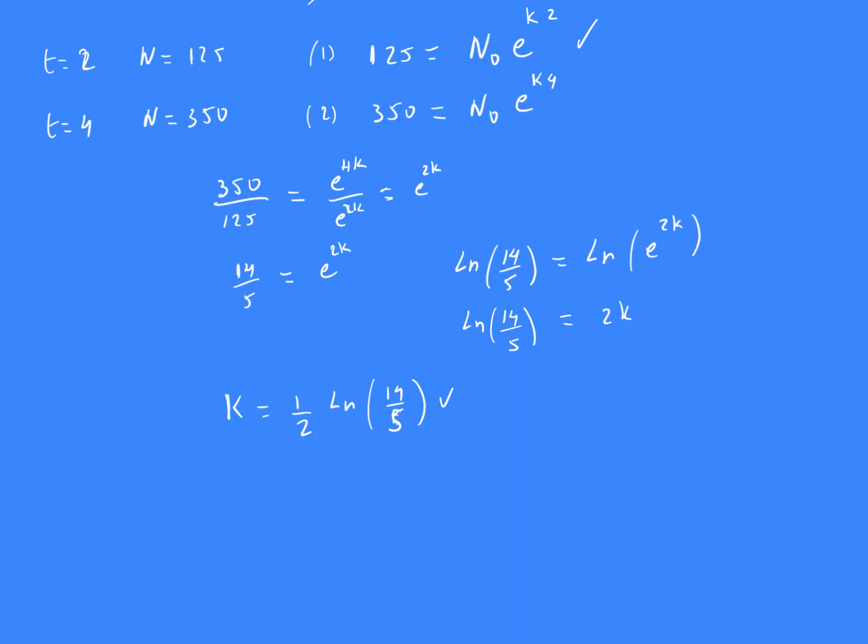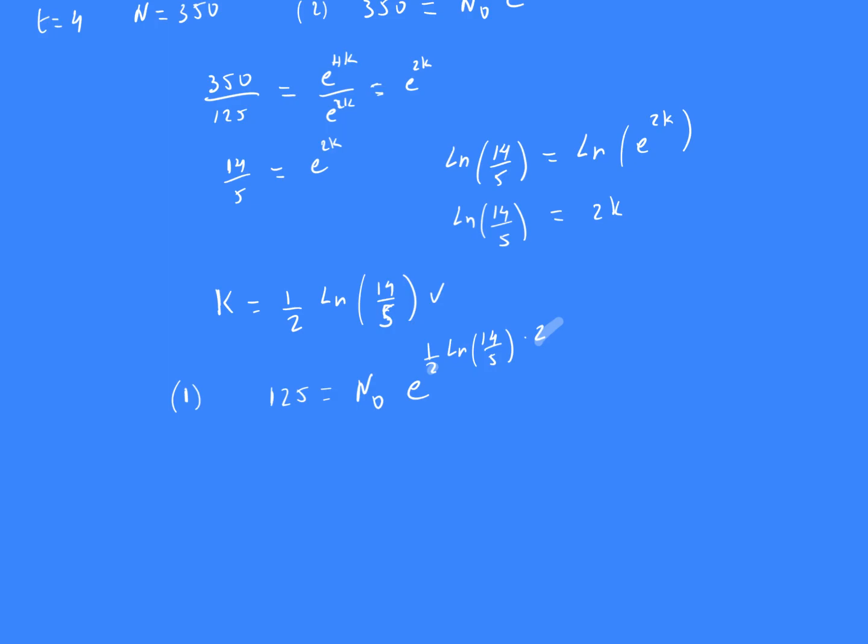On equation 1, I will say 125 equals N0 unknown, e to the k, where k is 1/2 natural log of 14 divided by 5, multiplied by 2. Now these 2 will cancel. So 125 will be equal to N0 e to the natural log of 14 divided by 5.